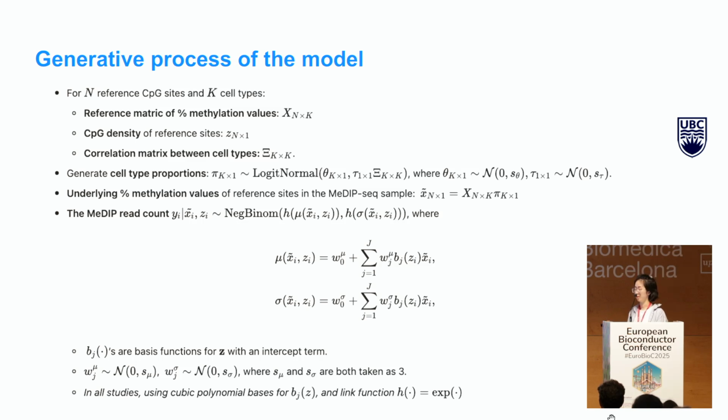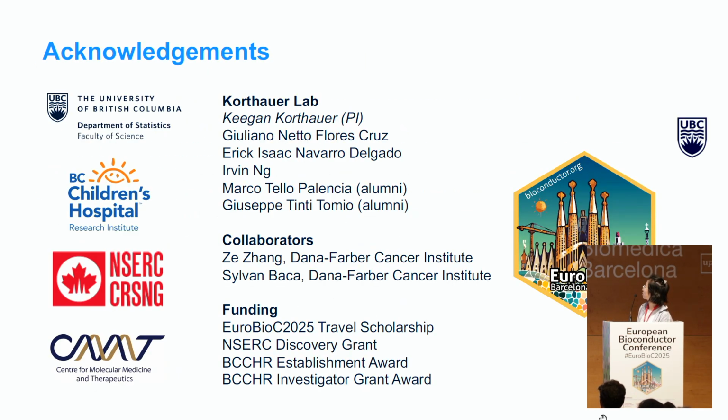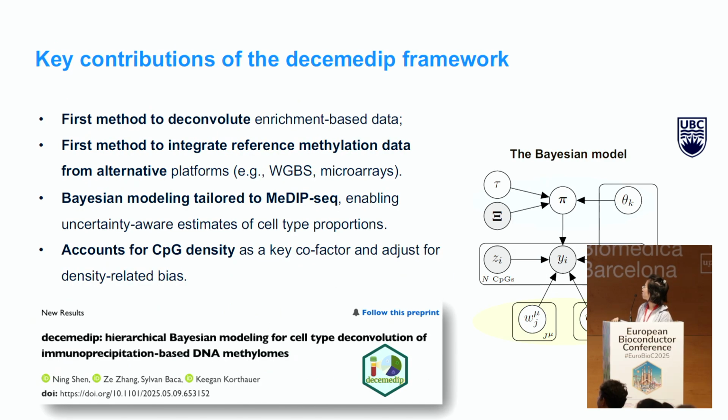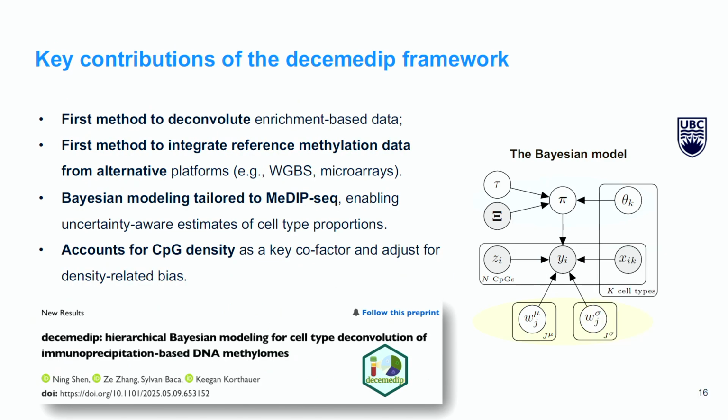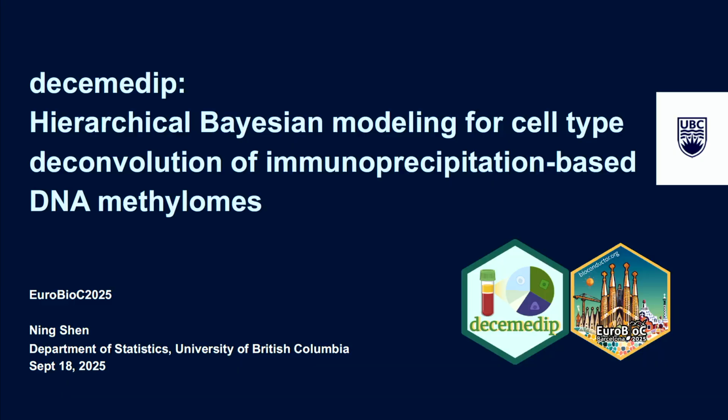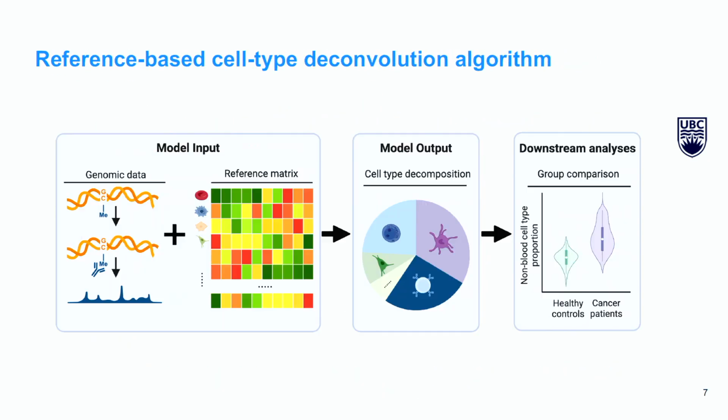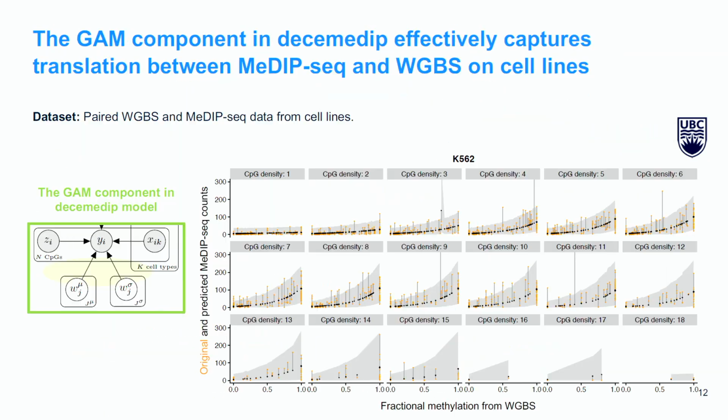So it's a bit complicated. Here you can basically see that each panel is a CpG density, and you see a little bit of differences in the relationship between the methylomes and WGBS for different CpG density values. I hope that makes sense.